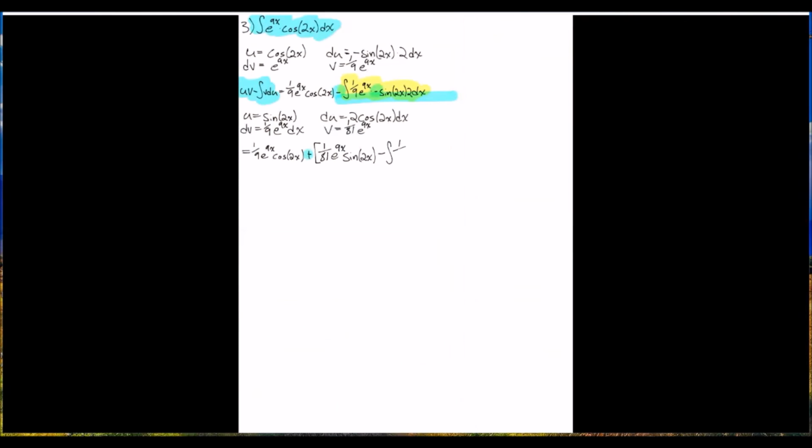So now we've got this integral here, which is now our v du. So we have 1 over 81, and then we've got this e to the 9x, and our du here, I lost track of myself. Okay, we got 2 cosine 2x dx.